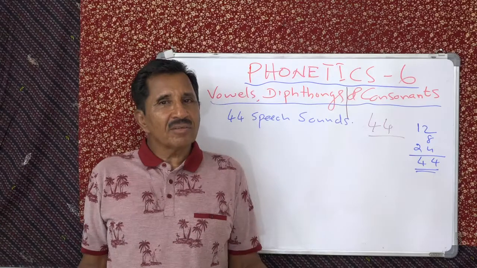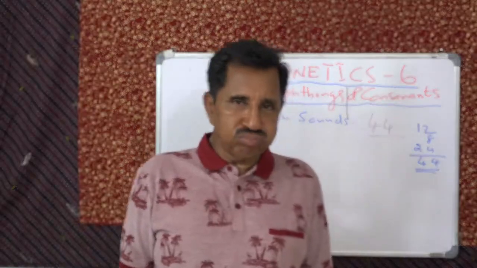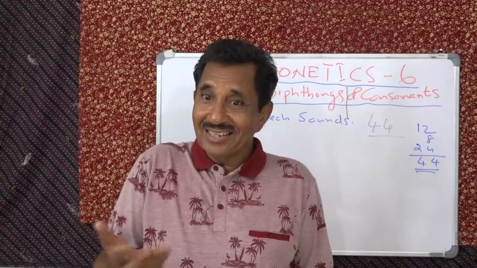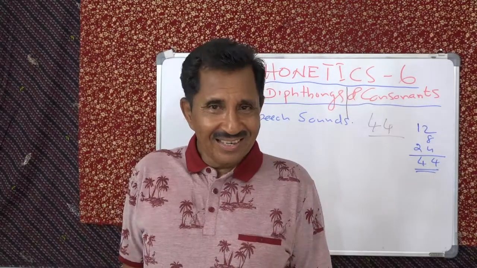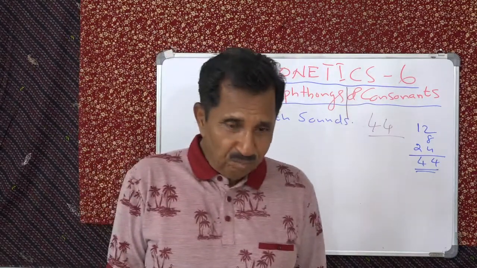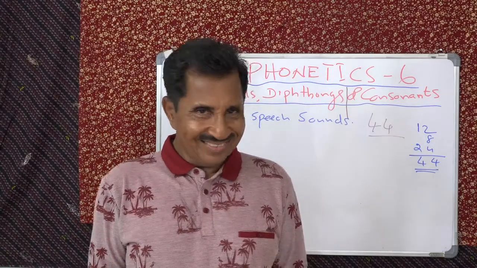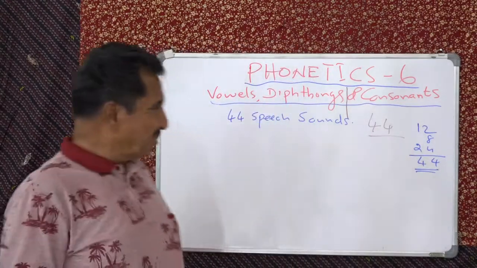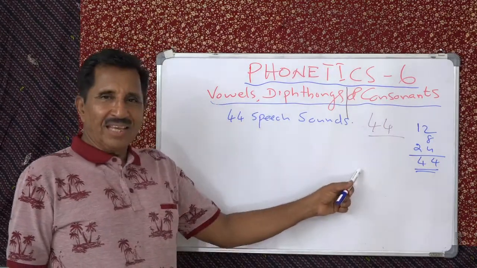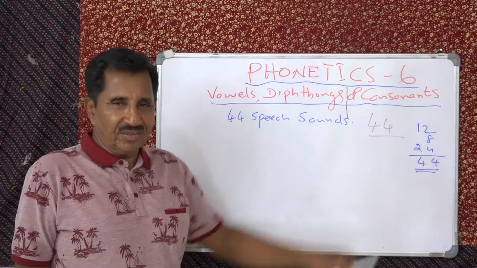These are all sounds, but we don't use these sounds for speaking, isn't it? Sometimes when you get angry or frightened, other people make such sounds, but that is not speech. Understand? Speech sounds means sounds used for speaking. In English, you have 12 vowels, 8 diphthongs, and 24 consonants.